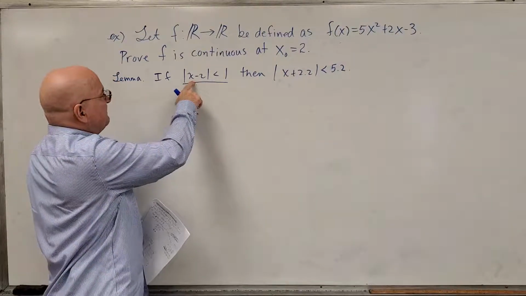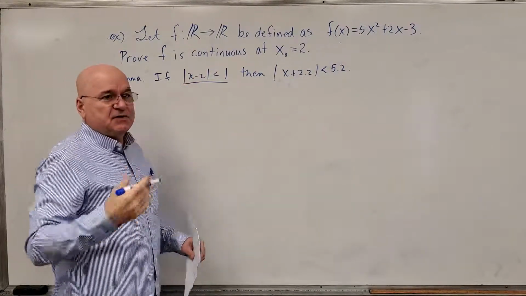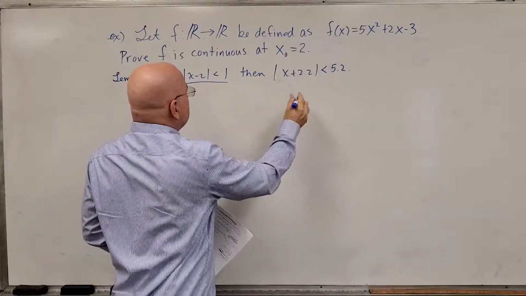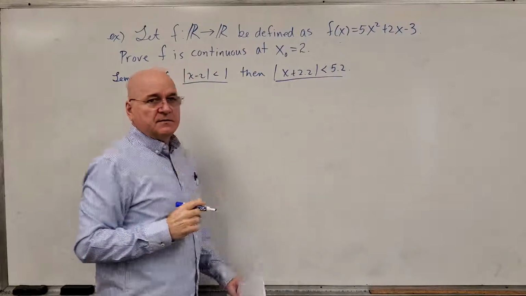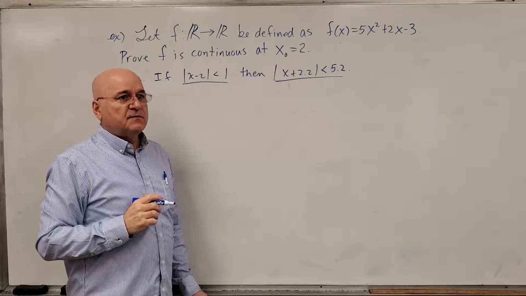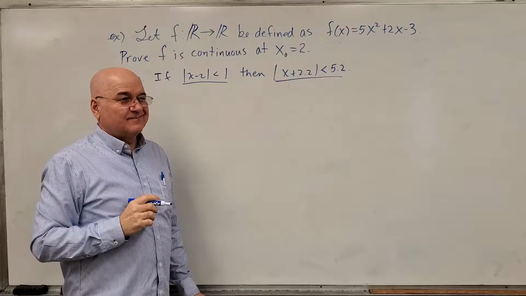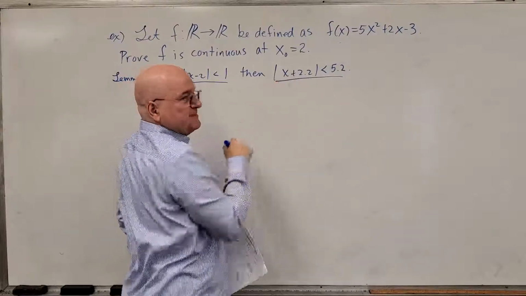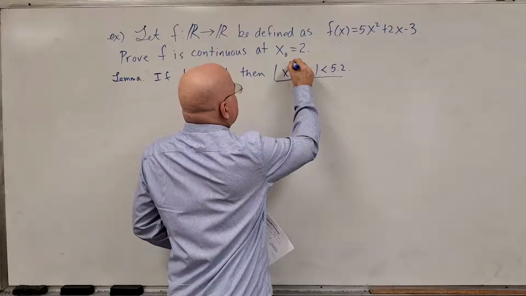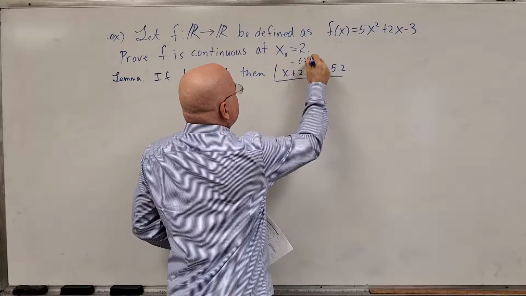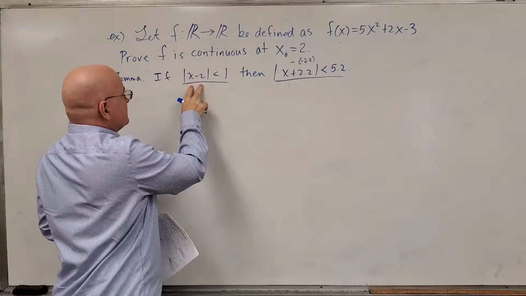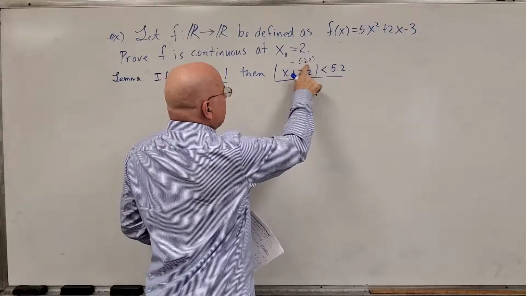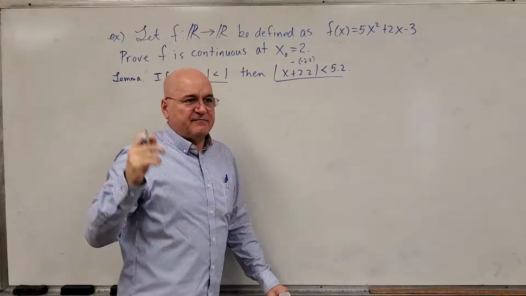So this says if the distance between x and 2 is less than 1, then what? For it to be distance, it needs to be a minus sign, so x + 2.2 is the same as x minus negative 2.2. So if the distance between x and 2 is less than 1, then the distance between x and negative 2.2 is less than 5.2.